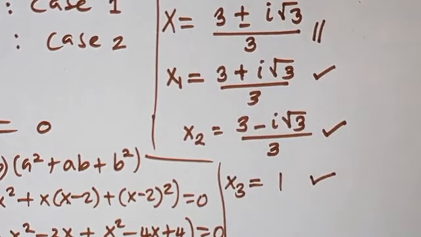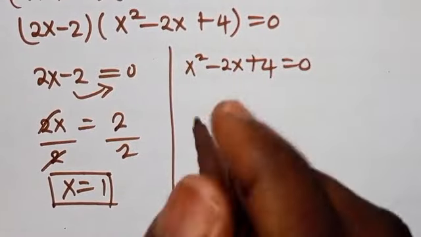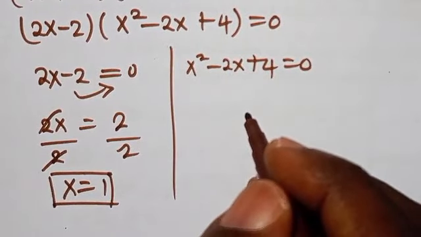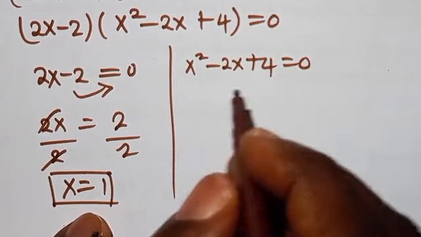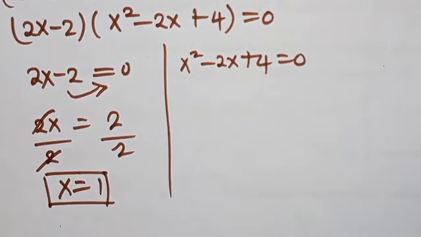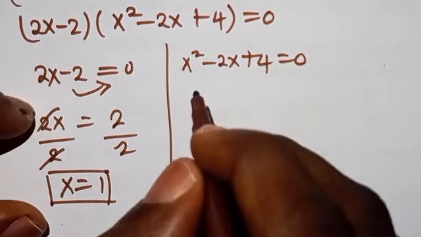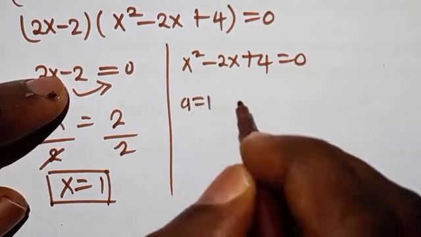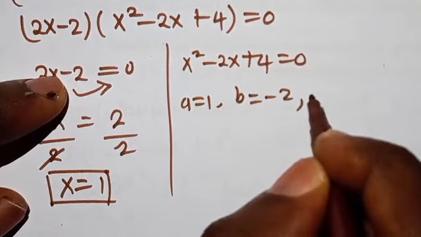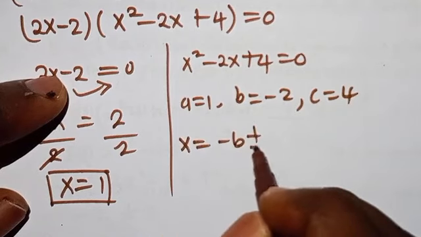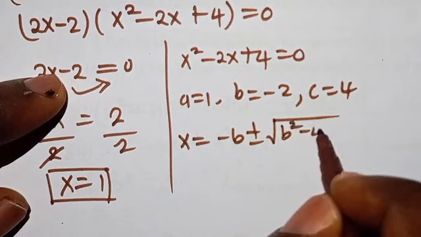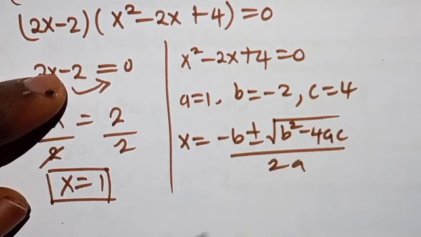Okay. Now let's move on. Let's try to solve this further. Using the same thing, we have a equals 1, b equals minus 2, and c equals 4. So we're going to have x equals minus b plus or minus the square root of b squared minus 4ac all over 2a.